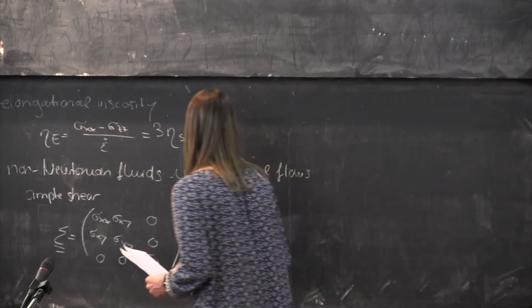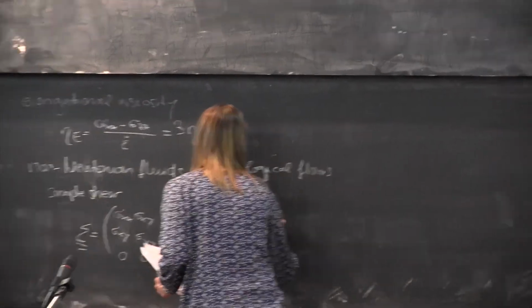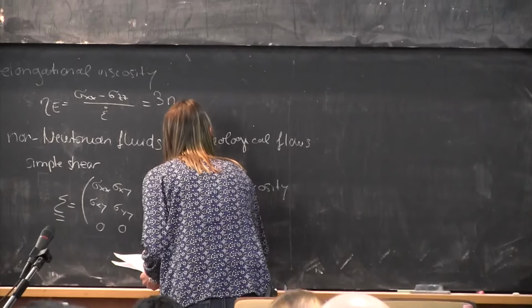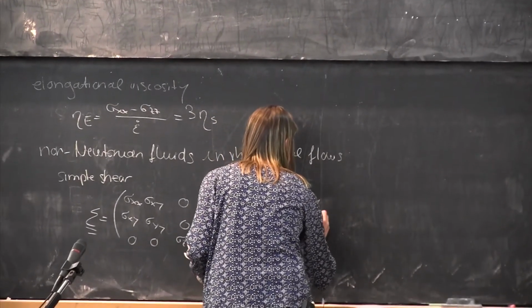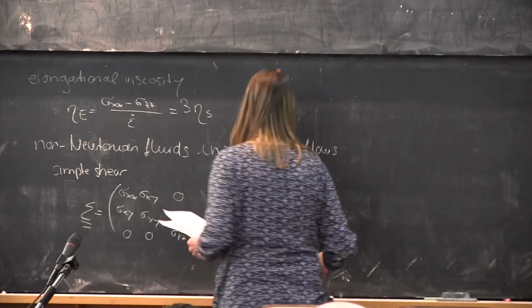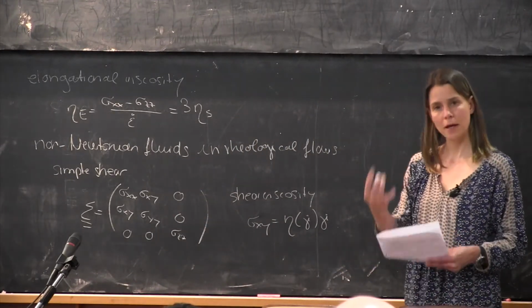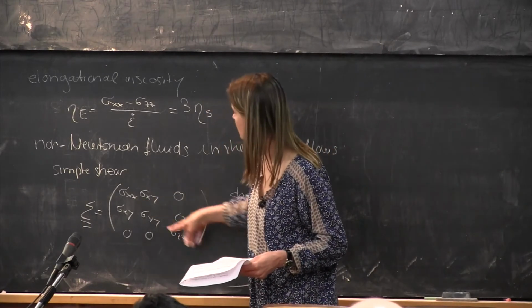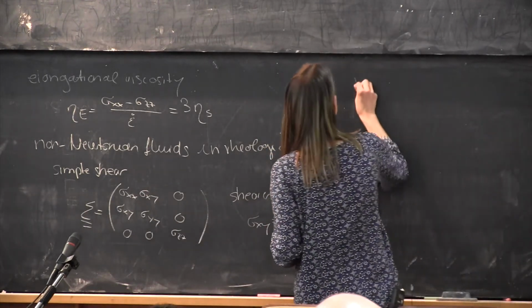So first of all, of course, we have the shear viscosity. Sigma xy is nothing else than the viscosity times the shear rate. But don't forget, the viscosity can now depend on shear rate. And now the anisotropy comes in, because we can have anisotropic terms on the diagonal, and these are the normal stress differences.